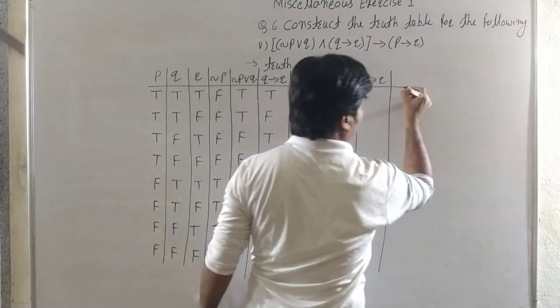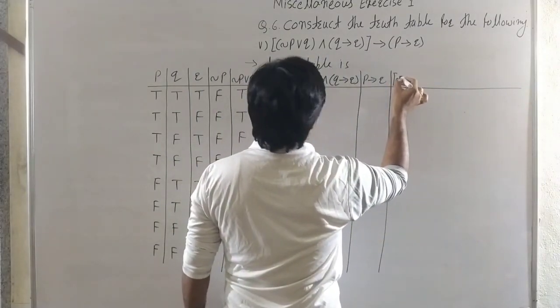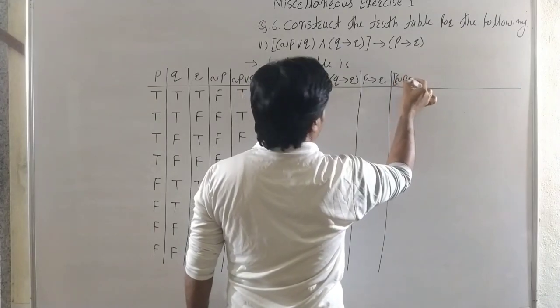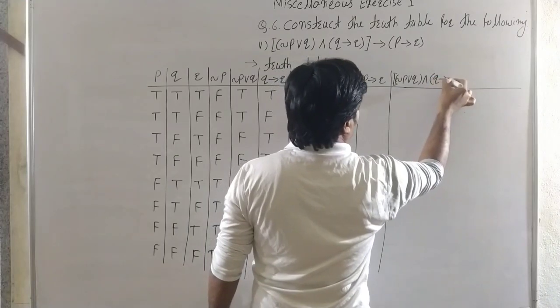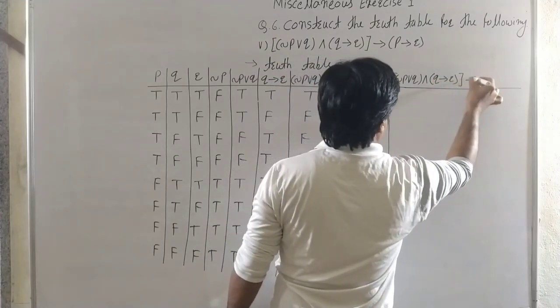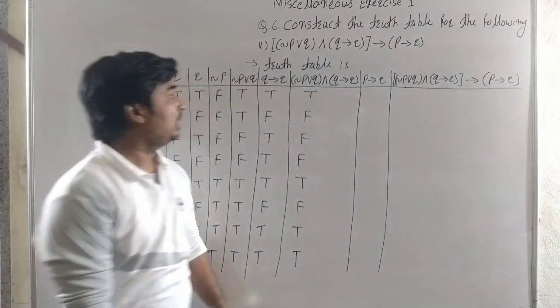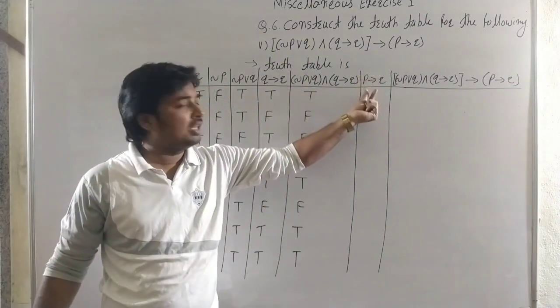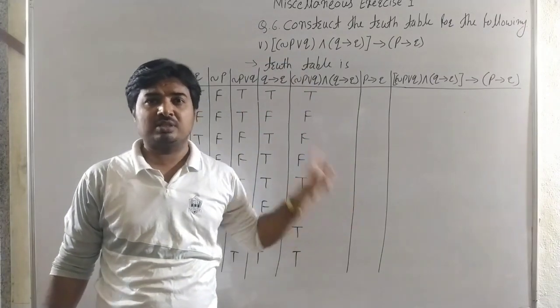Okay, now then P implies R. And last, it is negation P or Q and Q implies R, implies P implies R. It is the last. Okay, now first find the P implies R. Again here is an implication. In the implication, if the first statement is true and the second is false, then the result is false.